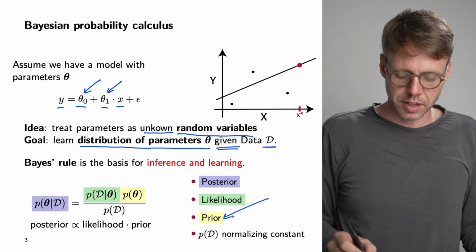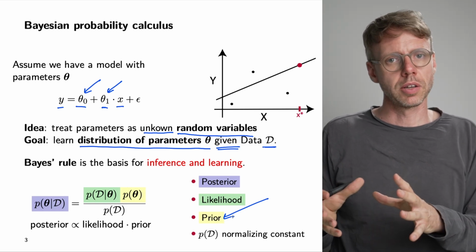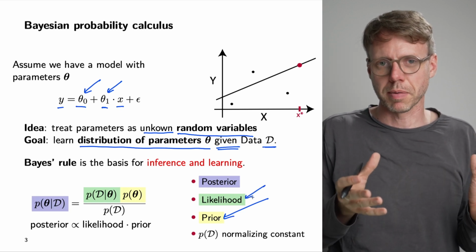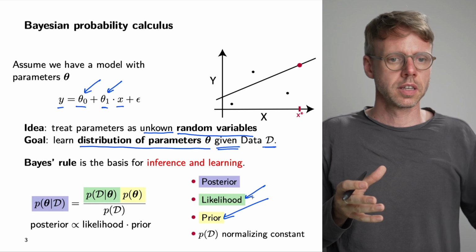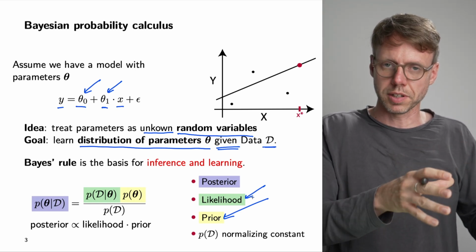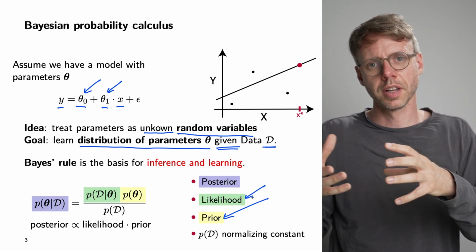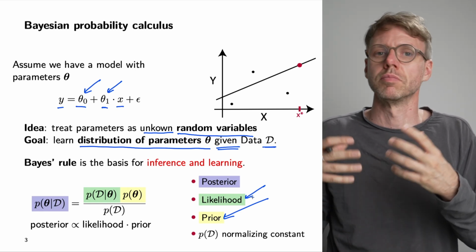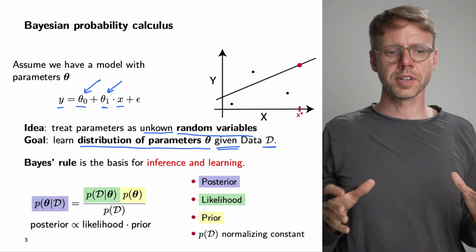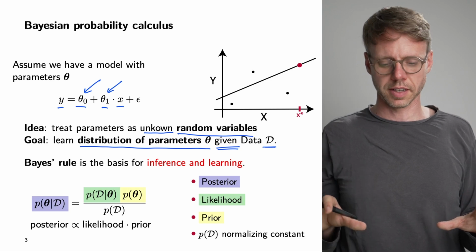And what we're after is to take this prior distribution and combine it with the likelihood. The likelihood is the same thing as we have seen with maximum likelihood estimation. It's a model of the data. It models the probability of the data under our model with all our parameters that we put into that model. What we're after is the distribution of the parameters given the data.